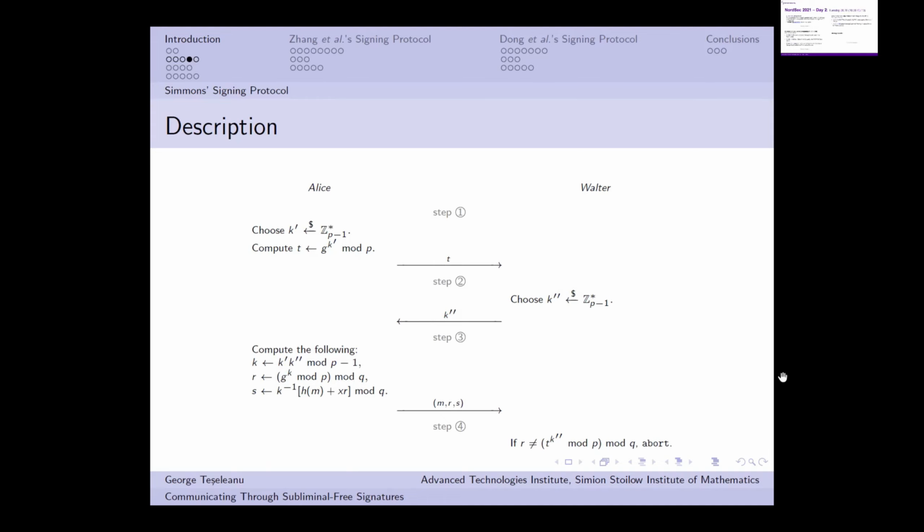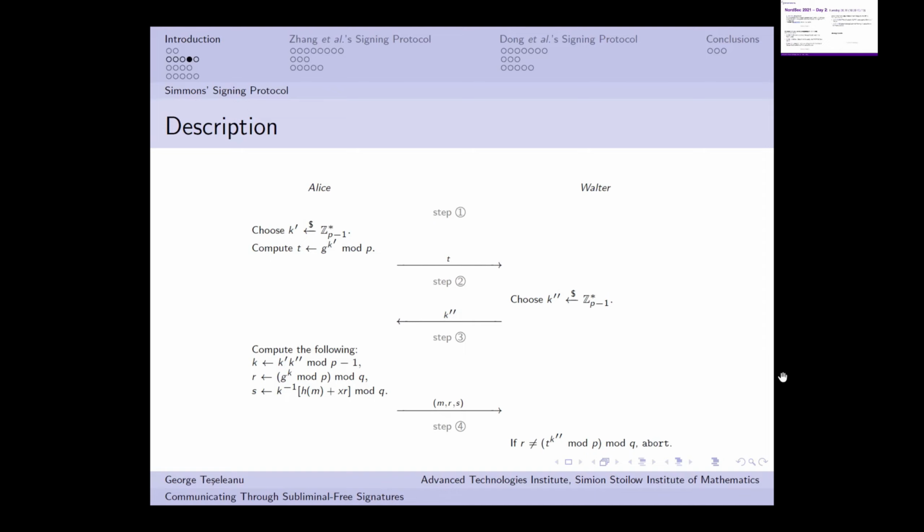After he chooses this K second, he sends it to Alice. And finally, Alice computes her K as the product between K prime and K second. Then she computes her ephemeral public key, R, which is simply G raised to K, modulo P, modulo Q.